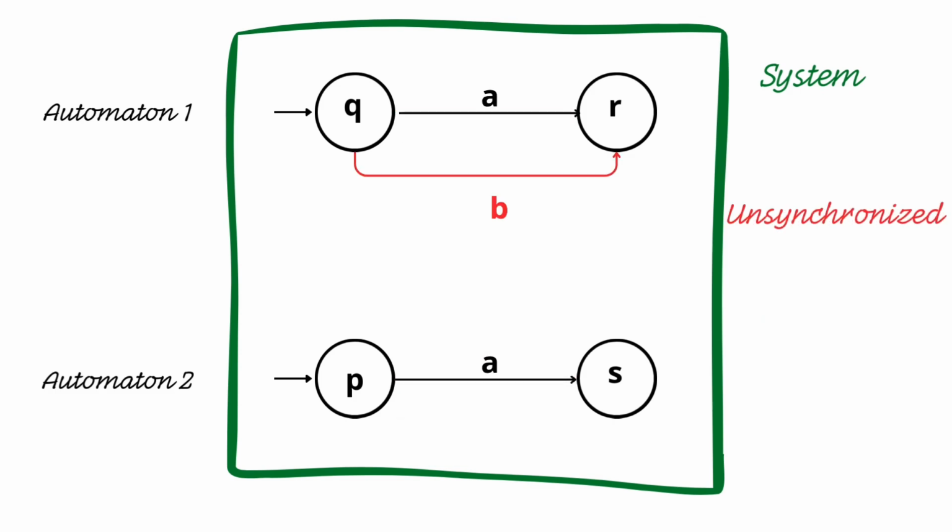Second, unsynchronized transitions. If a letter exists in one automaton but not in the other, only the relevant automaton moves. For instance, from QP, the first automaton can read the letter B because the second one has no transition labeled by B. The system then moves from QP to RP.